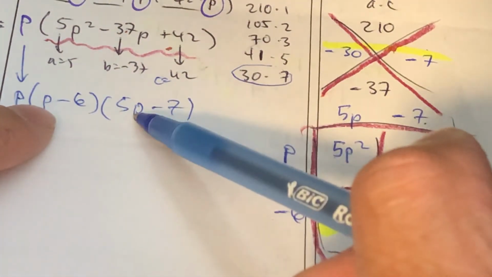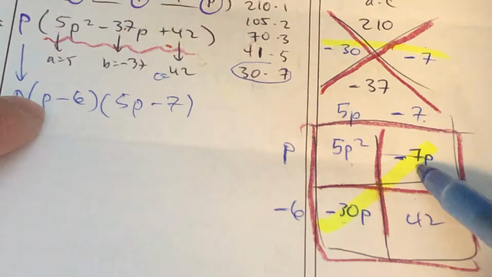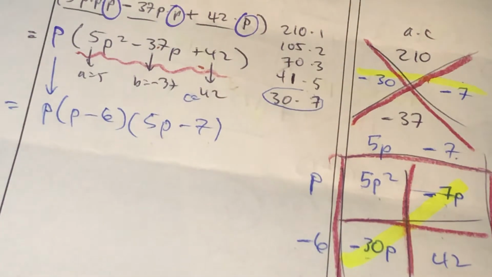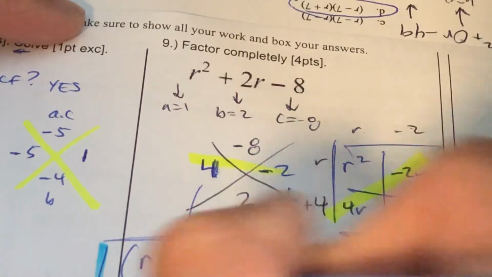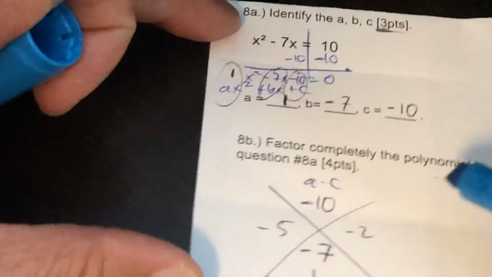This will give me 5p squared, negative 7p, negative 30p, and positive 42. That would work. So I'm going to go and box all my answers in blue for all of these questions. Up there, and then over here. And then do that one for this one.